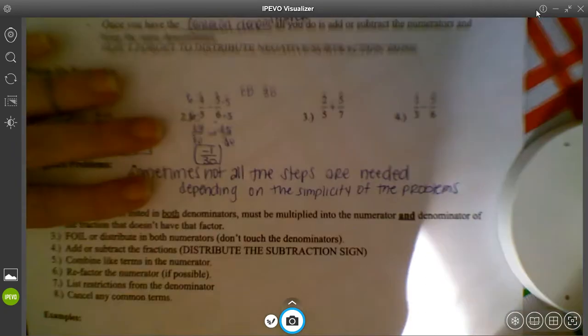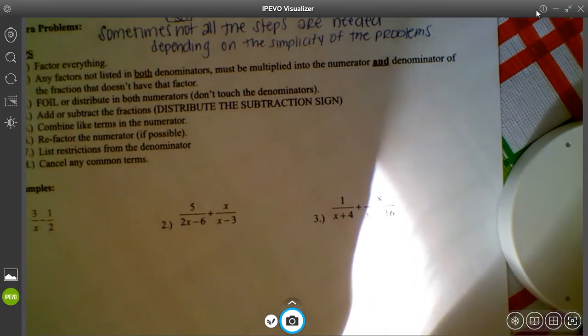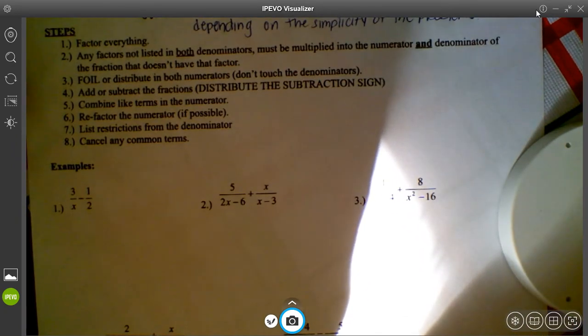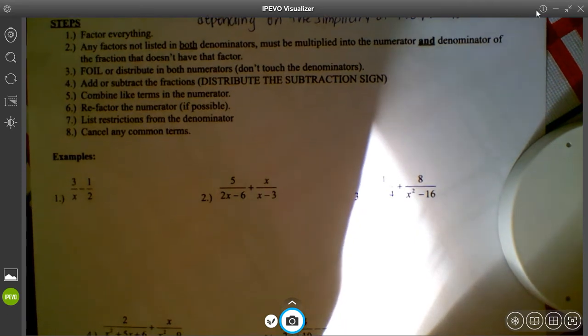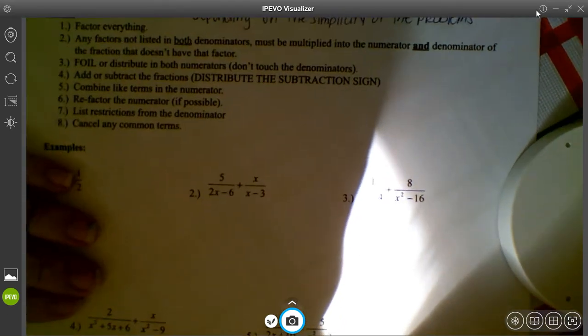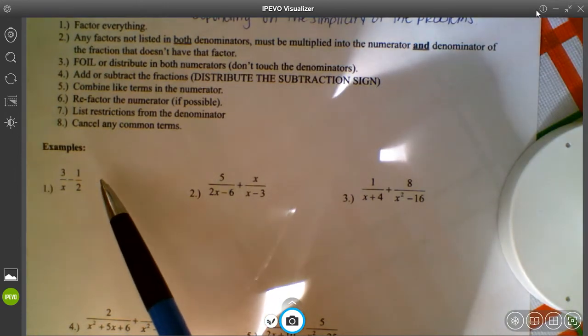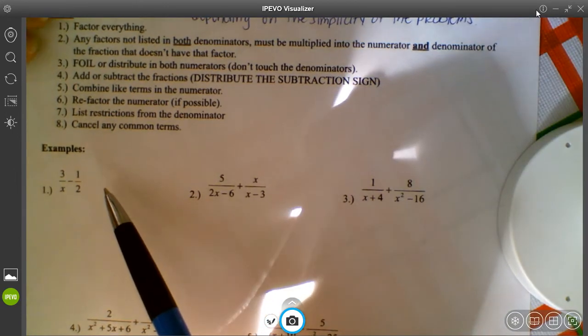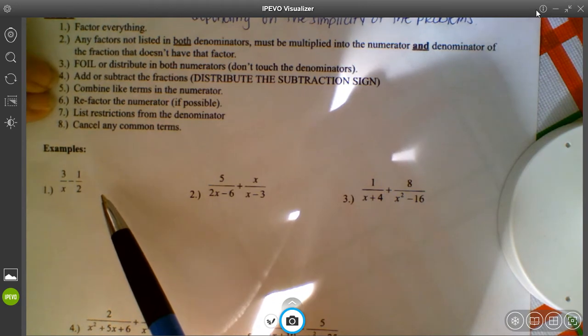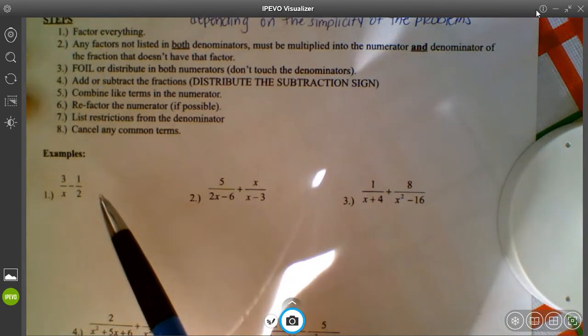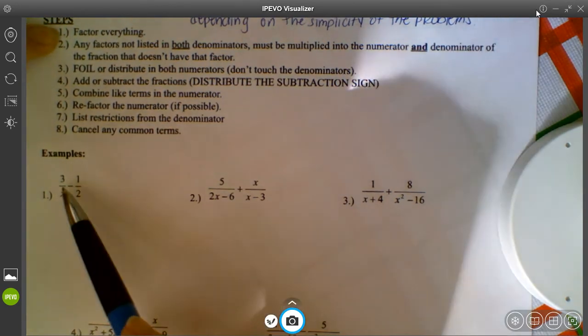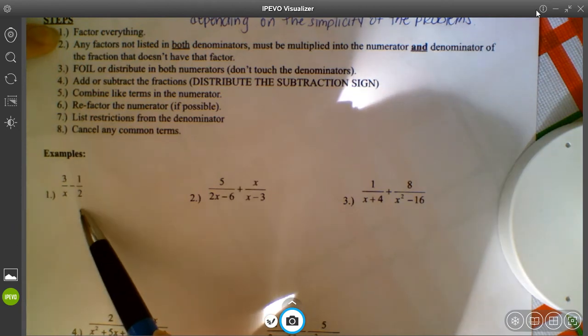So let's see this in action. The only way we can really understand these steps is if we do a couple different problems together. So what we see here is very little numbers. So remember, we're not going to always have to do all these steps depending on simplicity. So factor everything. This is a 3, a 1, an x, and a 2. So we don't really have to factor everything because it's already that way.